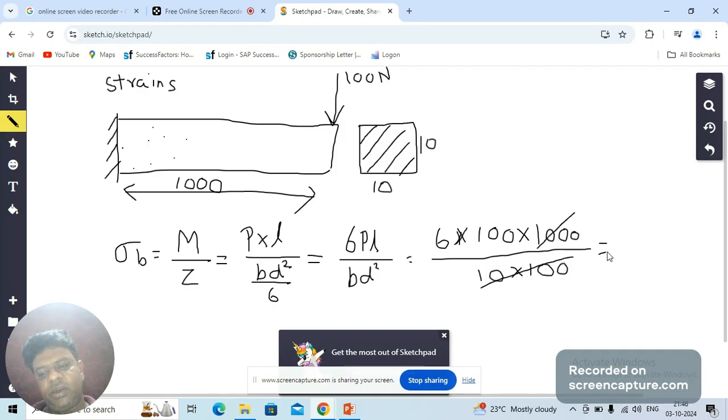So you'll get 600 Newton per millimeter square as the bending stress.